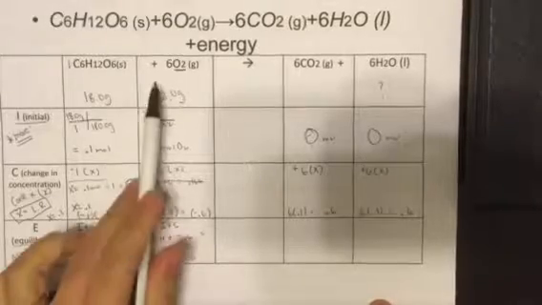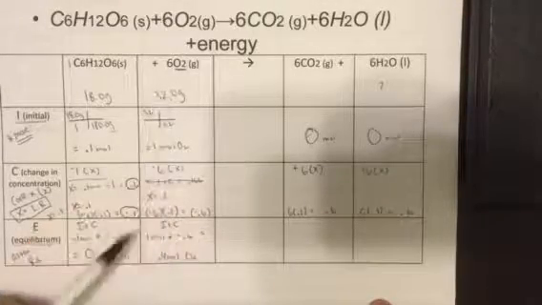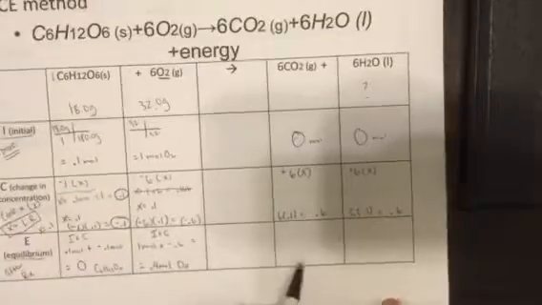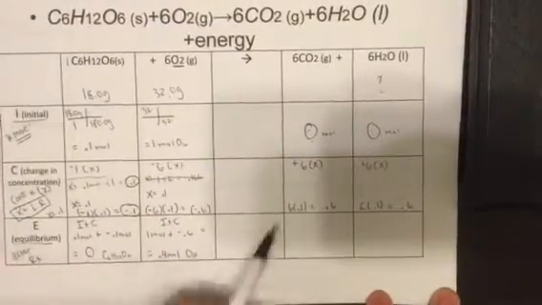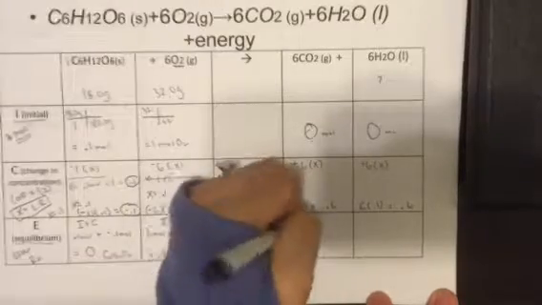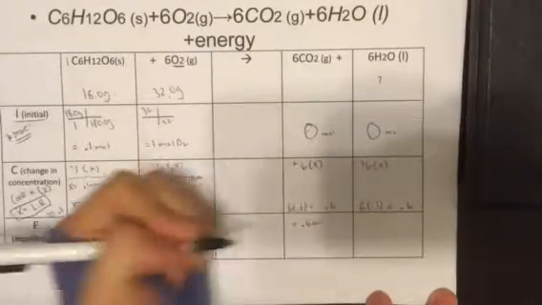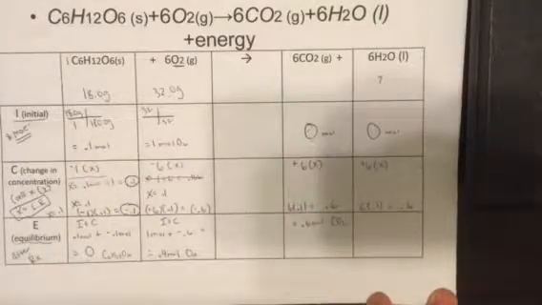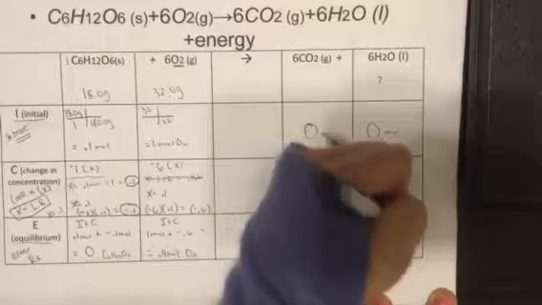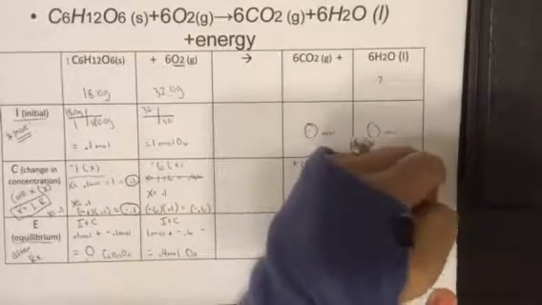And that makes sense because this wasn't the limiting reagent, so I would have some left over. And I come over here and ask, how much carbon dioxide did I end up creating? I ended up creating 0.6 moles of carbon dioxide. And then I ended up creating 0.6 moles of water.